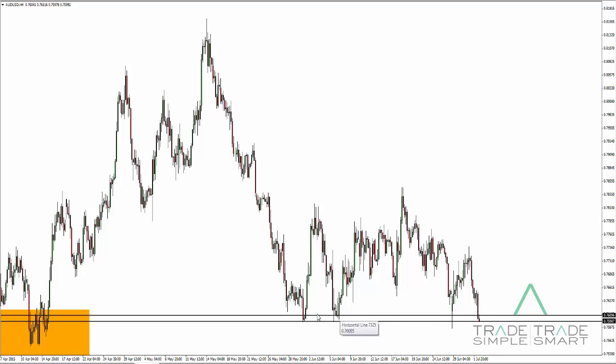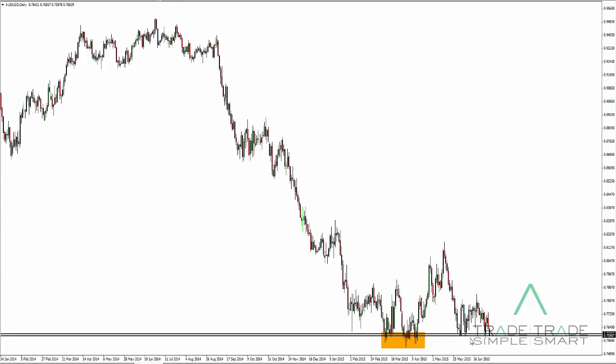So if it goes below this, that invalidates this area, which means we are still within this demand area, but it may come to test these lower levels first before turning. But if it takes out these lower levels, it means that downtrend is still intact, and this was just a retracement or correction before the further move back down again.